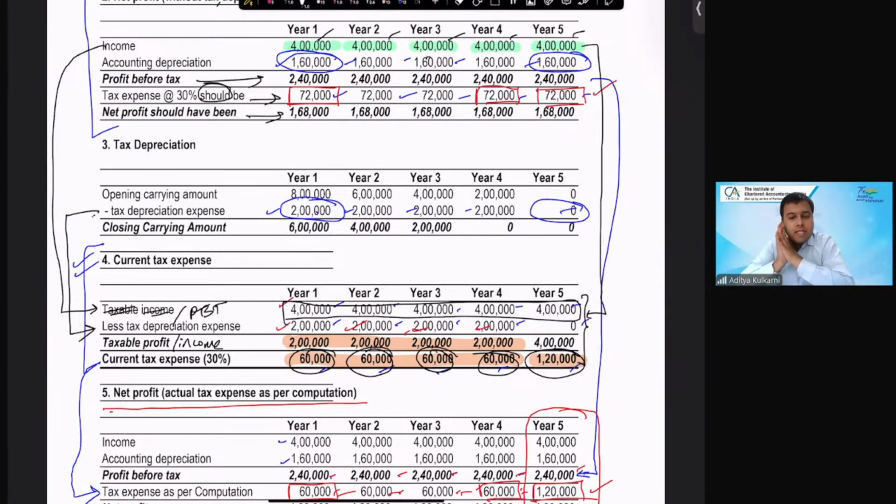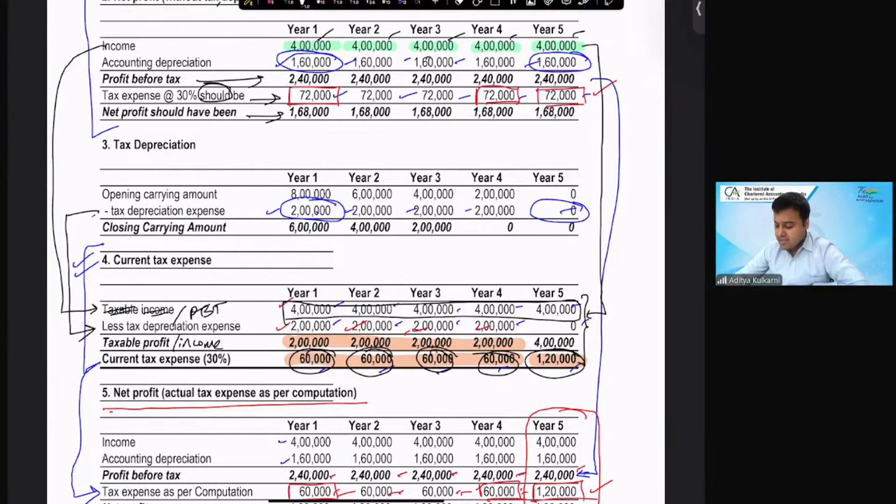Now, don't you think that something unreasonable is happening? For 4 years, your PBT is 4 lakhs and tax expense is 60,000. Yes or no? Yes, sir. In the 5th year, the PBT has not changed. It is 4 lakhs.